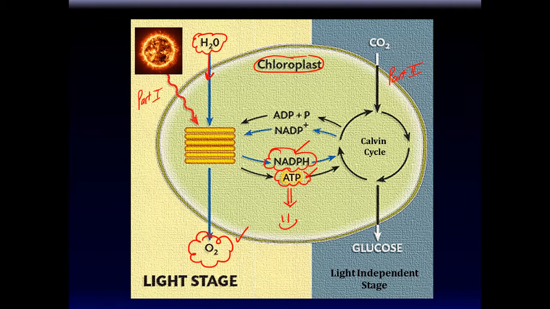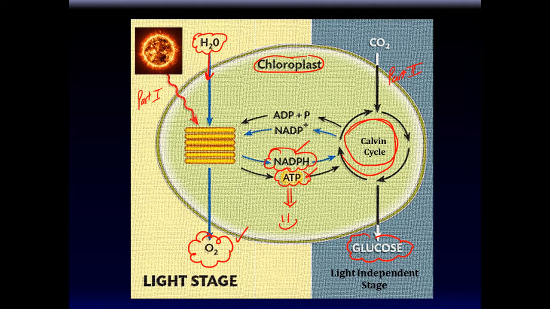And if it wants to store this energy, then this ATP and NADPH go on to a second stage. In the second stage, these molecules combine with other molecules in a cycle to produce glucose.